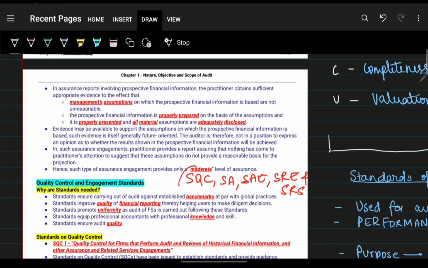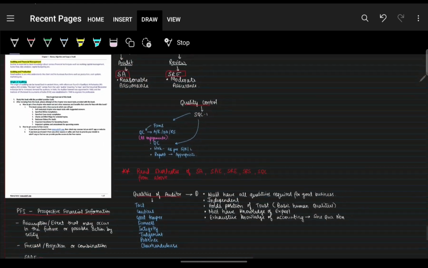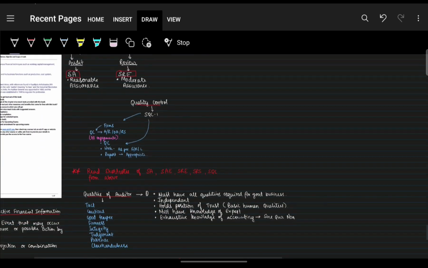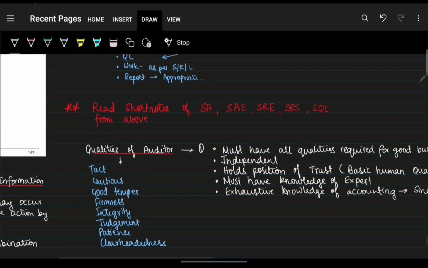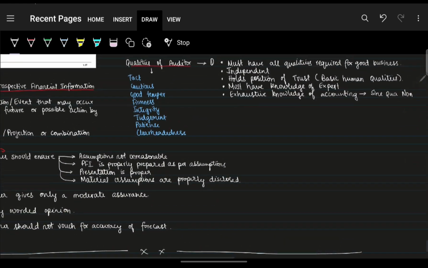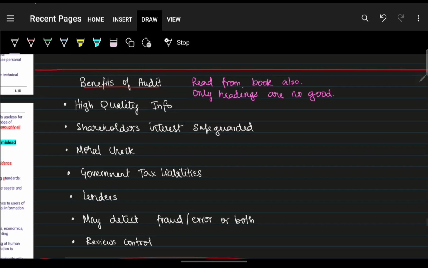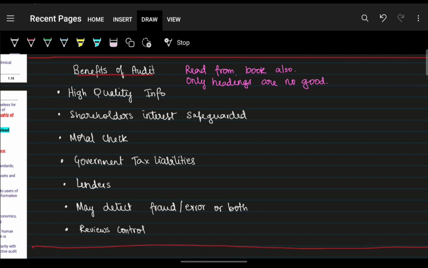Okay, so after this we just have to finish the qualities of an auditor, and then lastly I think that's pretty much it, right? After the qualities of an auditor, and then benefits of audit, I think. Yeah, qualities of an auditor is there, and then I think benefits should be somewhere here itself. Yeah, benefits of an audit. Okay, so let's just do it from here, and then we'll jump into those short notes.